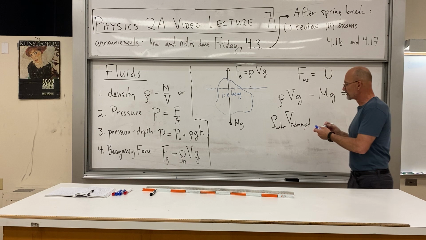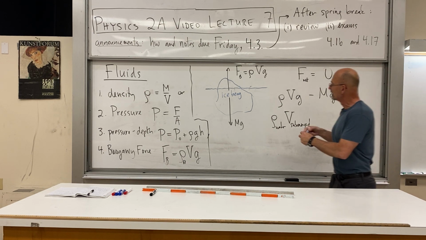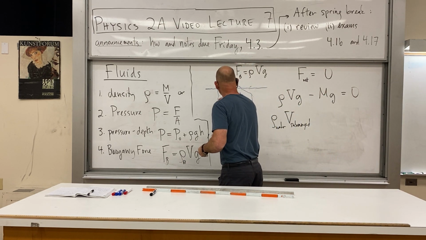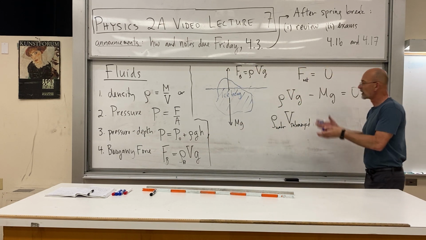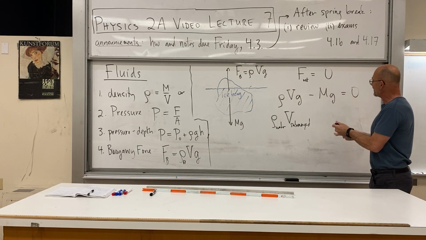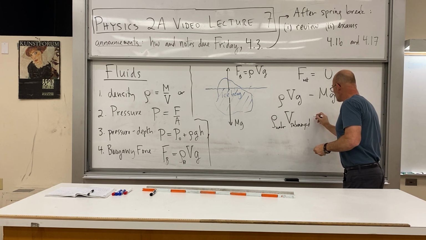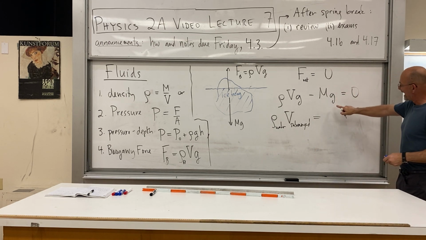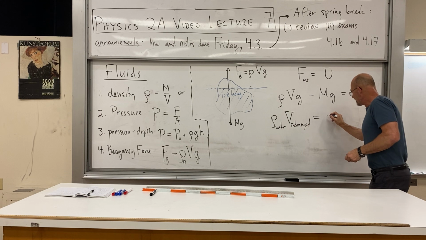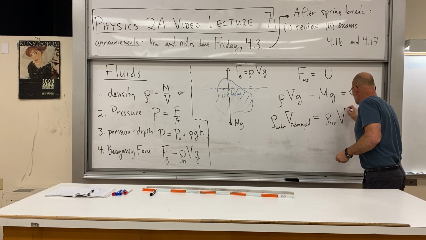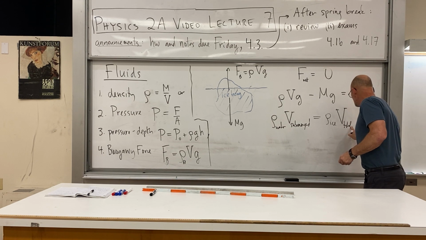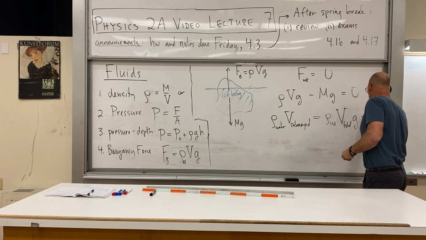Remember, the weight of displaced water, so the V submerged is just this part here. It's the part that's underwater, and that's going to be equal to, bringing this to the other side, mg, but m is the density of ice times the total volume, V total, times g, equals 0.